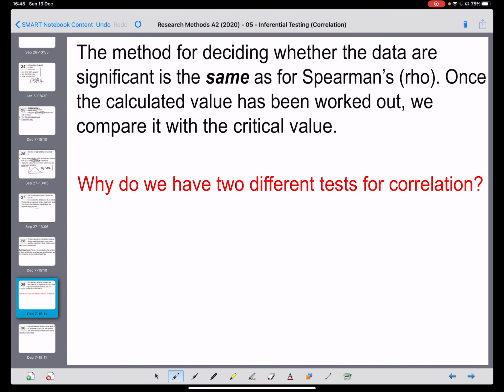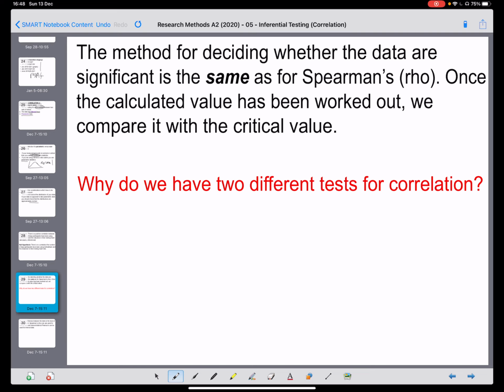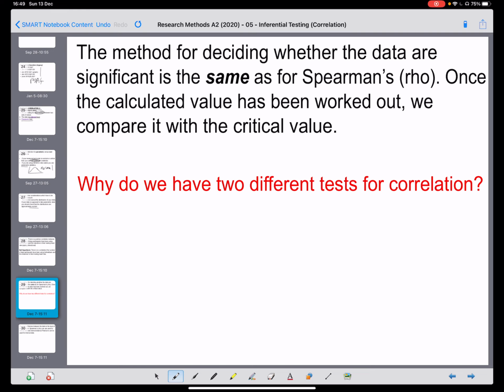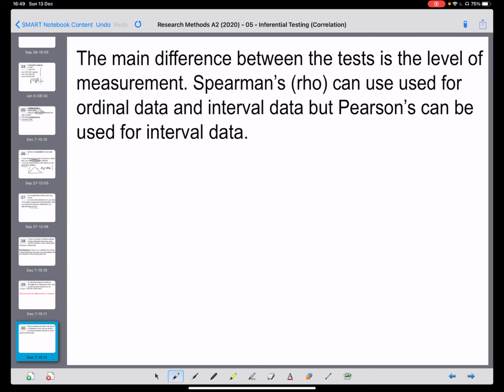So we do exactly the same thing as we would for Spearman's. We state our reasons for using it. We change our reasons because of how we have done that. But the main difference is that we've had different types of data. So the actual critical value table looked quite similar.